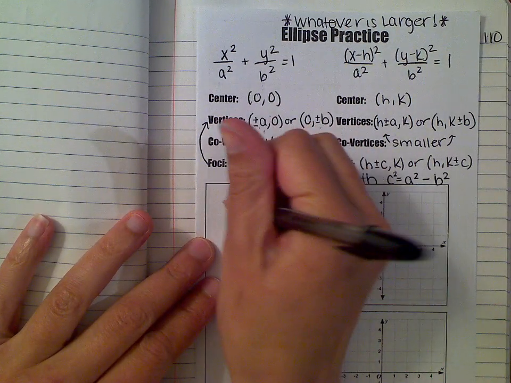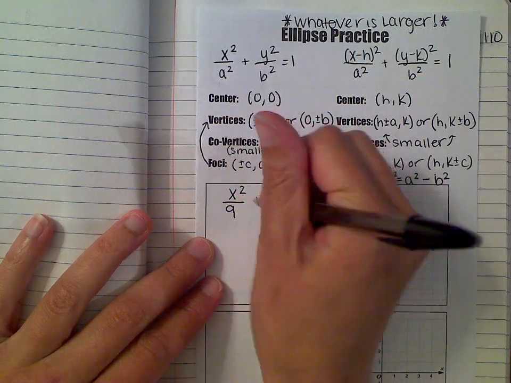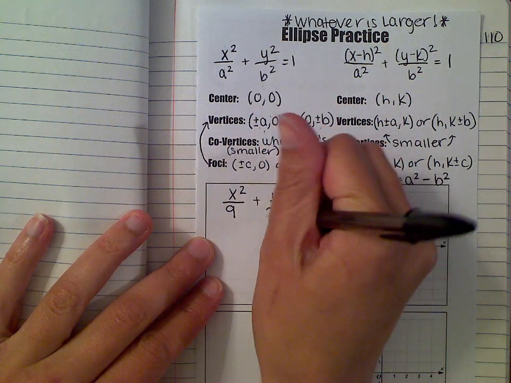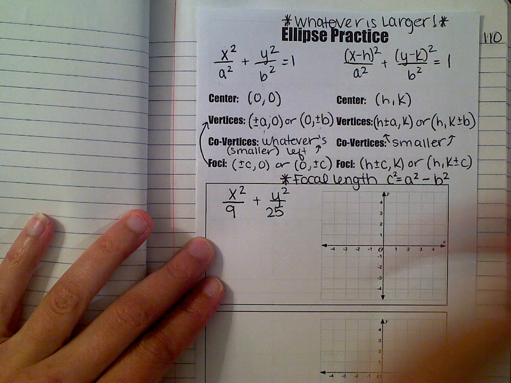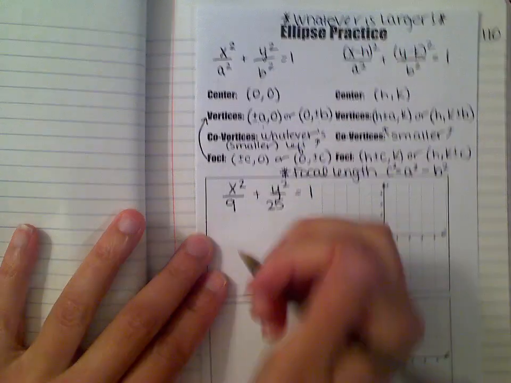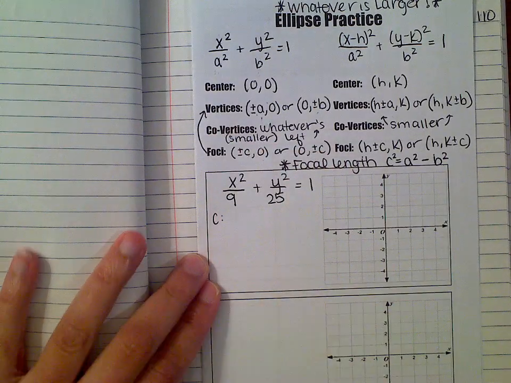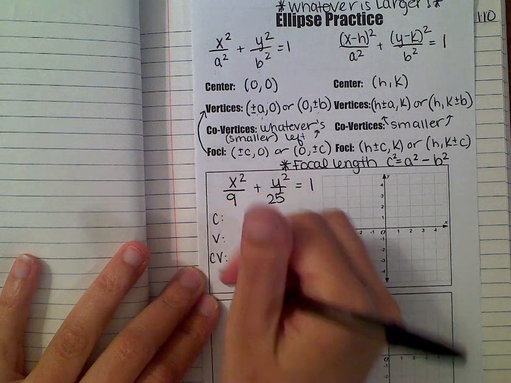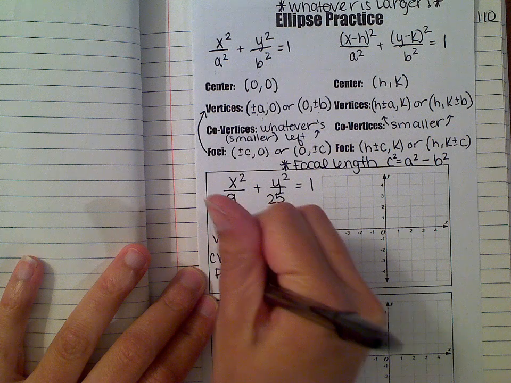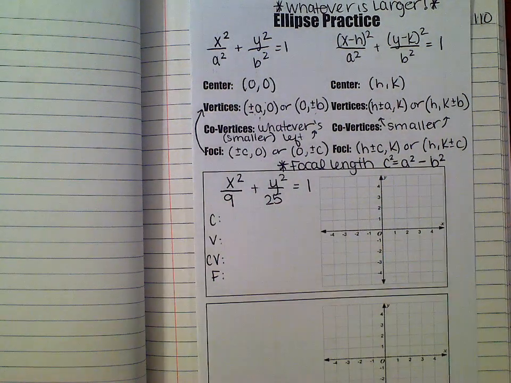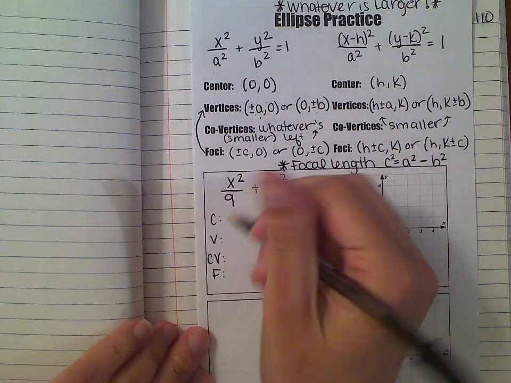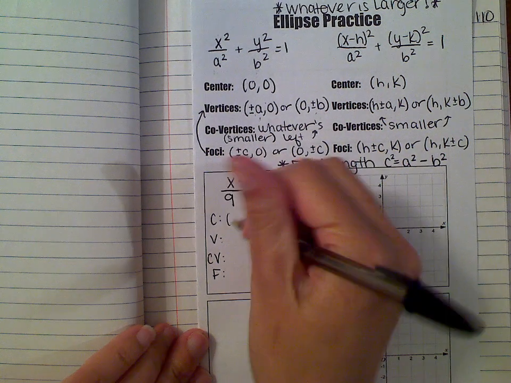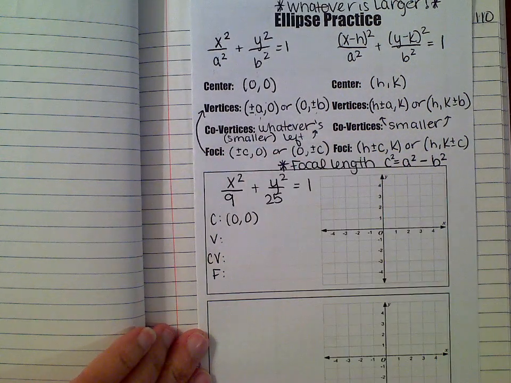So if we had x squared over 9 plus y squared over 25 equals 1, there's a couple things we want to find. We want to find our center, vertices, co-vertices, foci, whatever you want to say. So my center, I look at the numerators, nothing up there being added or subtracted, so we're at 0, 0.